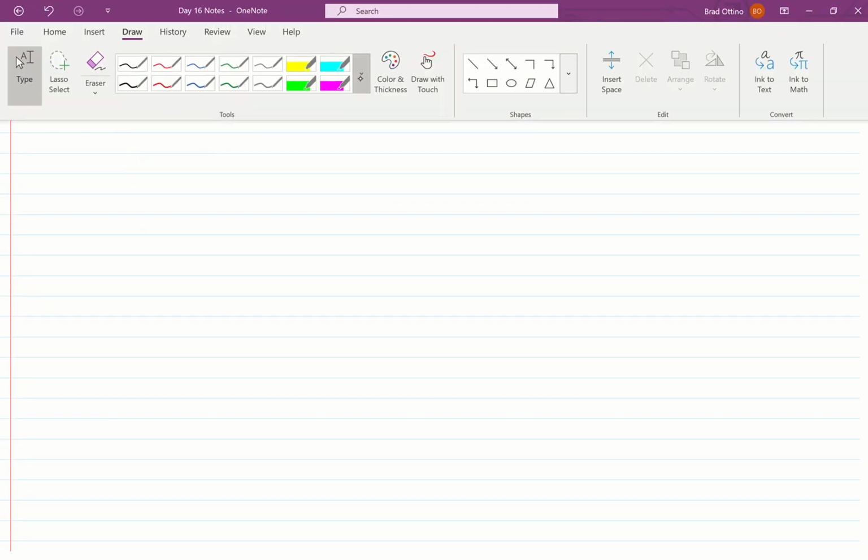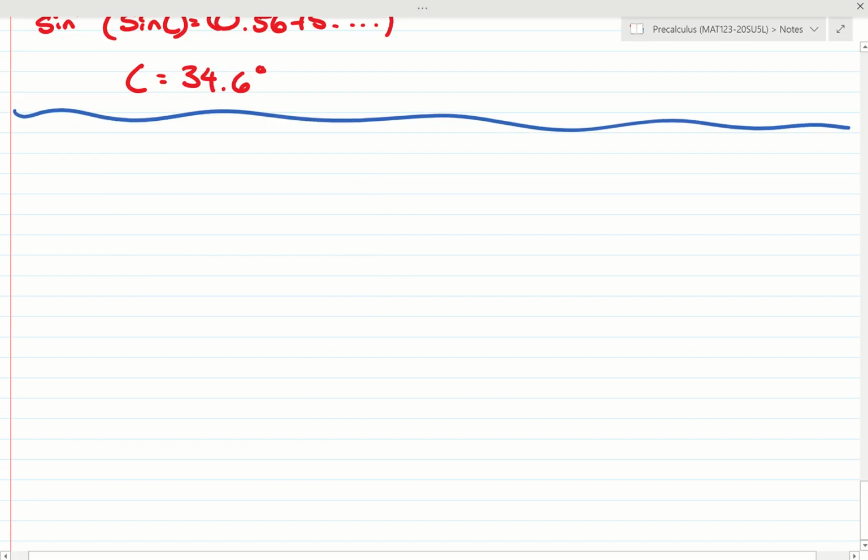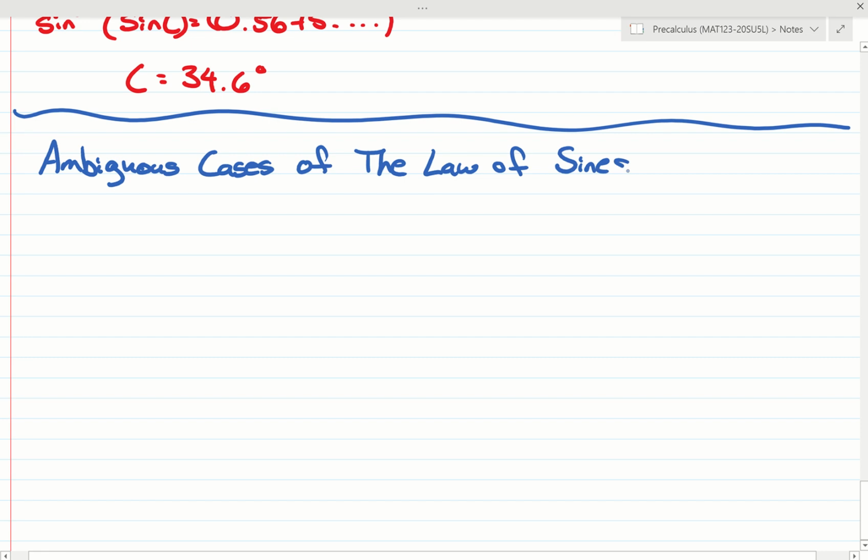A little bit more advanced, and just so I'm complete here, I want to talk about ambiguous cases of the law of sines. Now, ambiguous just means special.